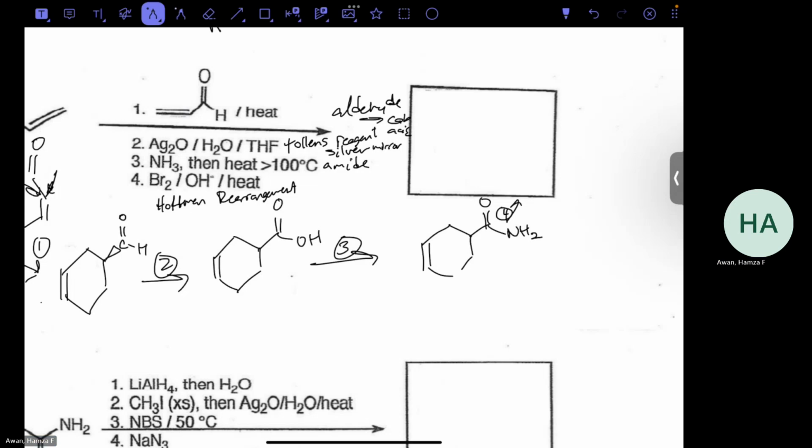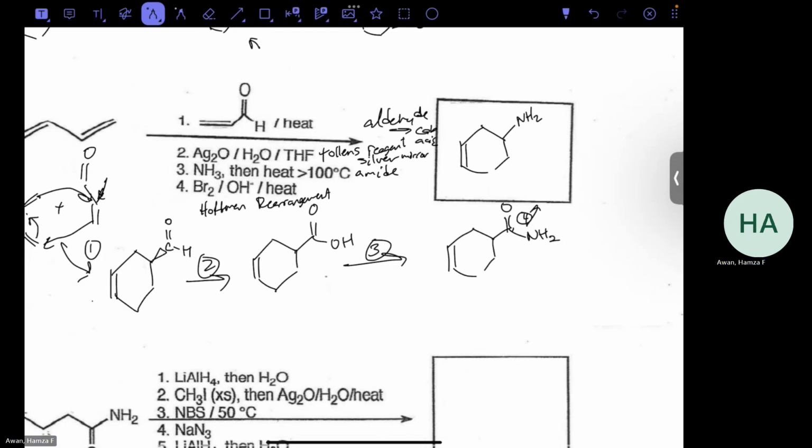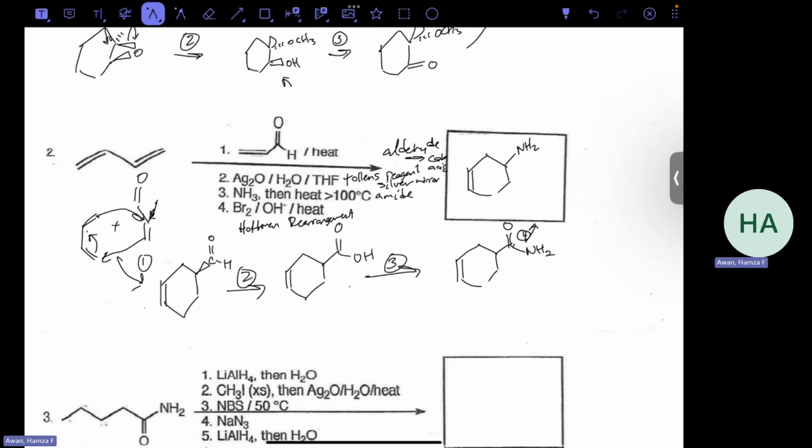So for the final product of this reaction, we're just going to take off this carbonyl and the carbon. So now we just have the NH2 remaining. All right, any questions on that problem? No questions? All right.